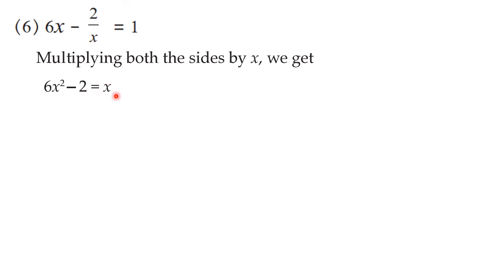We have to shift this x to the left hand side, and while writing, we have to write it in descending order of the indices. So the first term will be 6x square, then minus x because the sign changes as we change the side, and then minus 2 is equal to 0. So the equation is in standard form now.